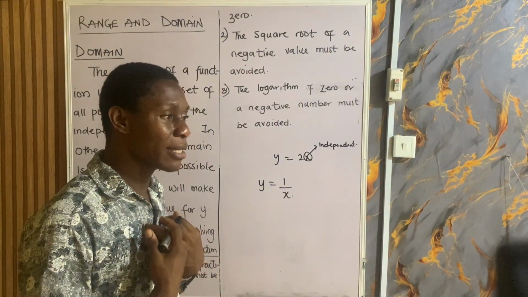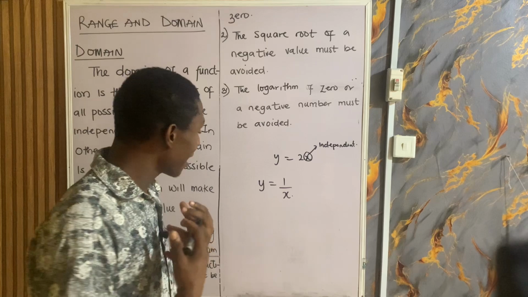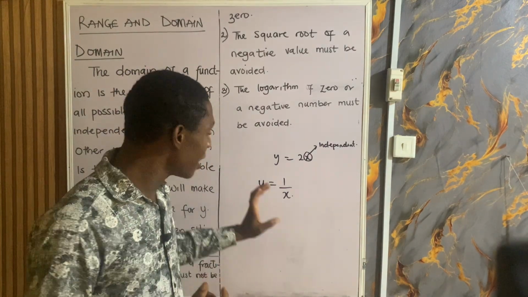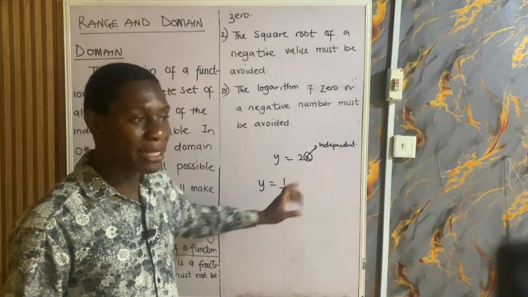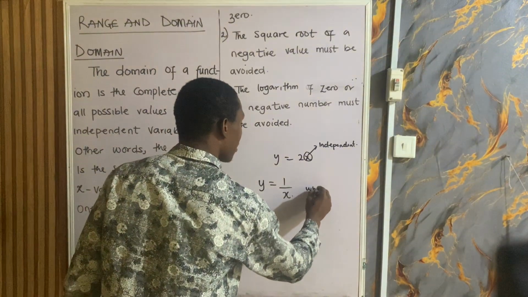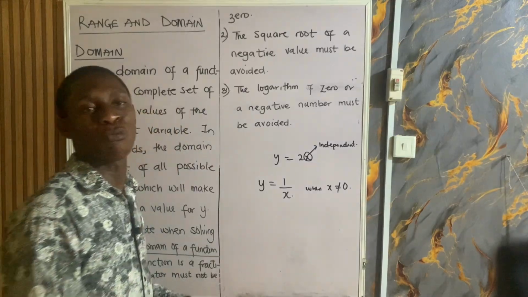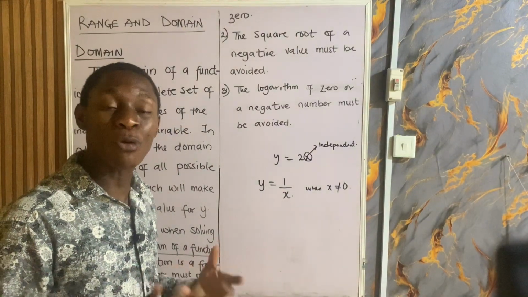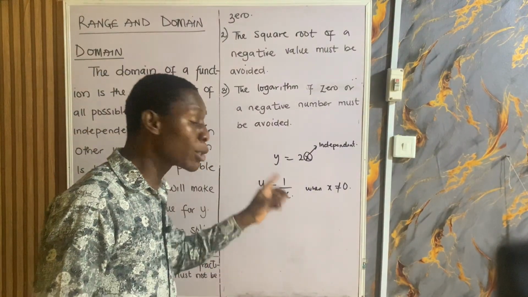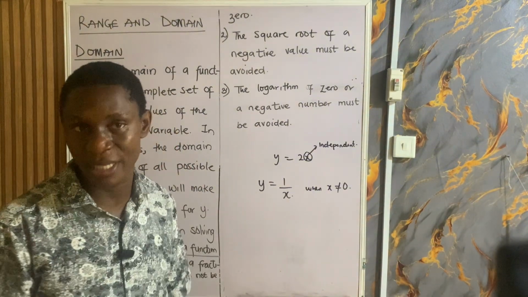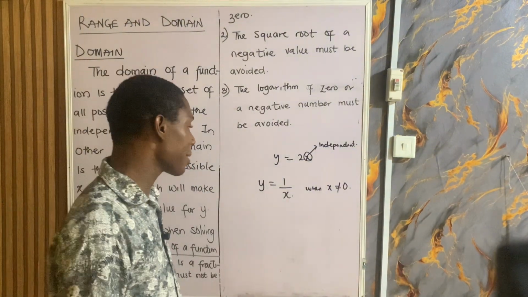So as a mathematician, I needed to let you know that you must avoid 0 here. That's why, when we write things like this in mathematics, we say when x is not equal to 0. That's a way of writing domain, that x must not be 0. So you know that when taking this function, you must avoid 0. It's already stated.